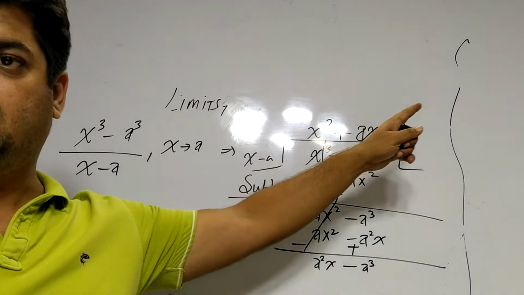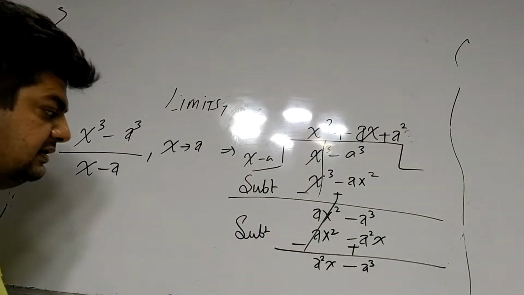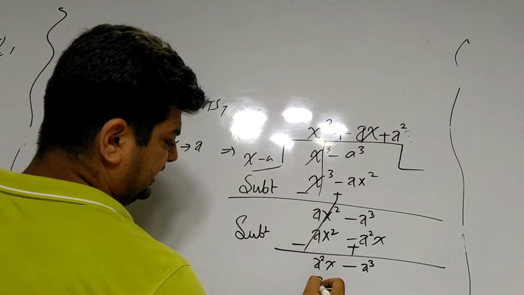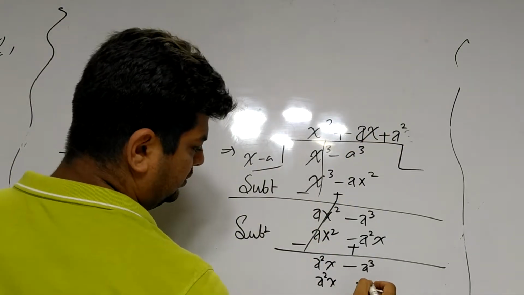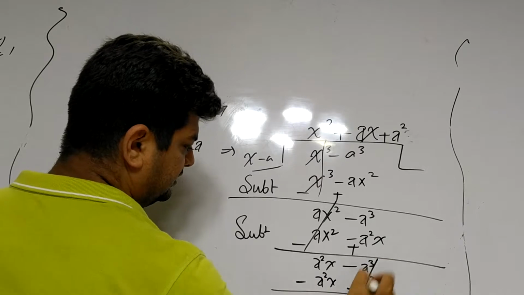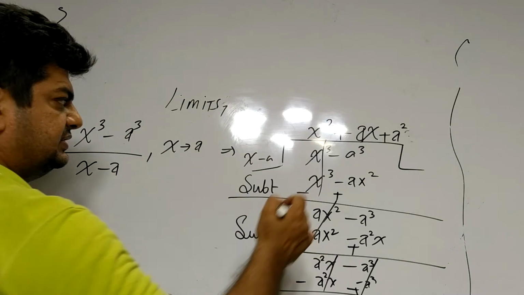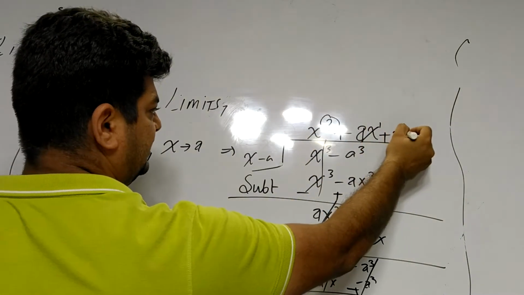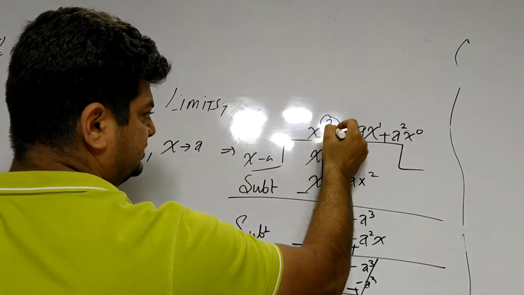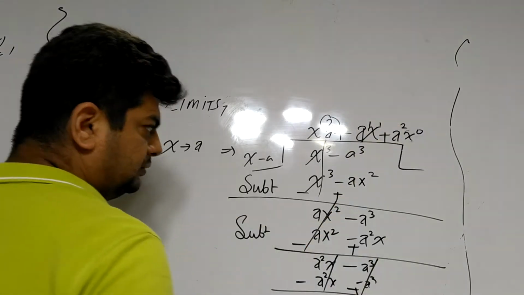So it's a squared x minus a cubed, and you get 0. Definitely you will be having the remainder as 0, because we have discussed earlier that both have the factor x minus a. So you see the pattern: 2, 1, x equals 0. a does not have a power, a power 1, a power 2.